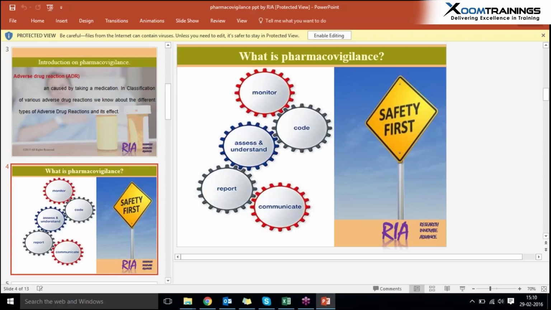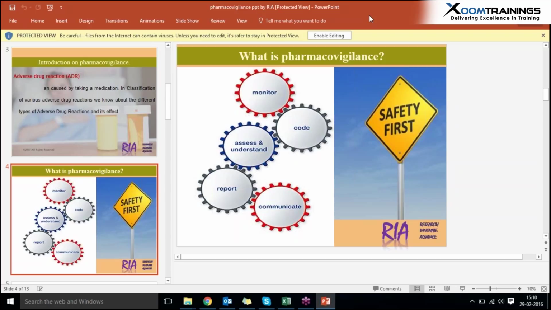The person is habitual of consuming alcohol, and while he is on that particular drug he shouldn't have alcohol. Because of taking alcohol only, this thing happened. In such cases, the drug is not responsible for the side effect. The alcohol consumption is responsible for the side effect. Then the side effect is completely not related to the trial. They are going to assess it and understand it like that.